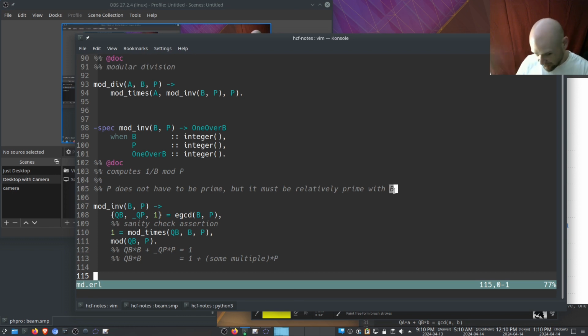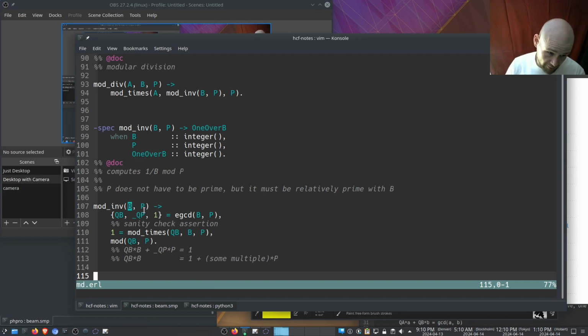The reason we wanted prime numbers is so that every number had a multiplicative inverse, but if we're just computing a specific multiplicative inverse, all that matters is that the bottom of the fraction is relatively prime with the modulus. So there you go. That should tell you why prime numbers are important. I mean, prime numbers are important for so many reasons, but that's one of them.